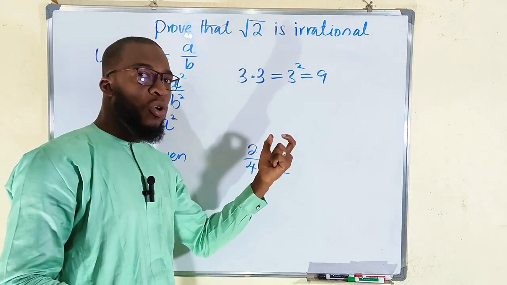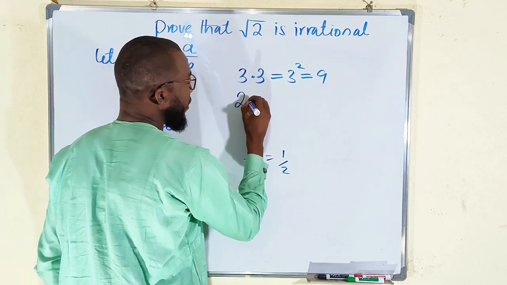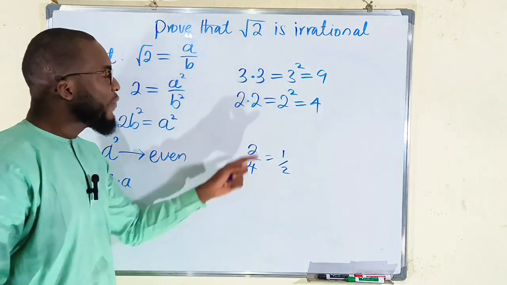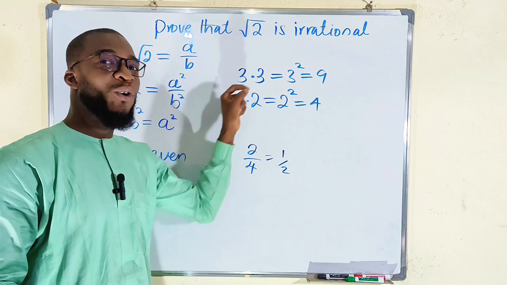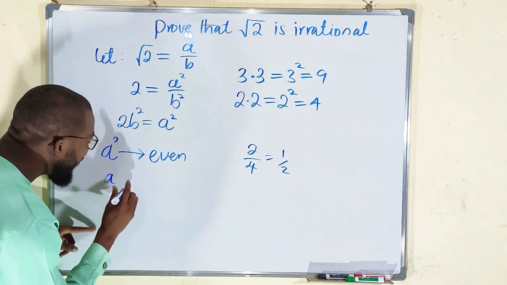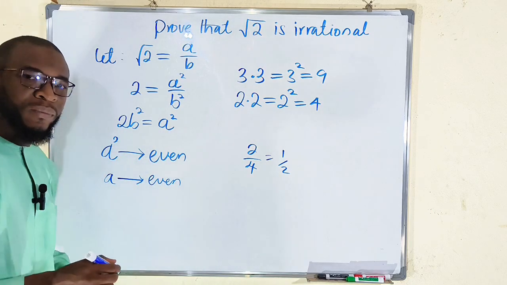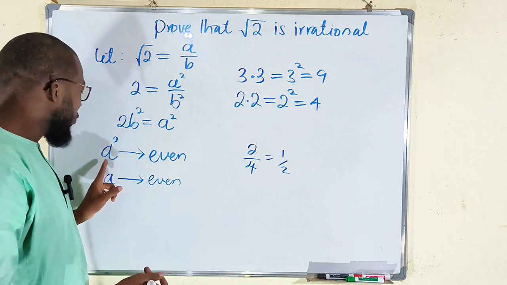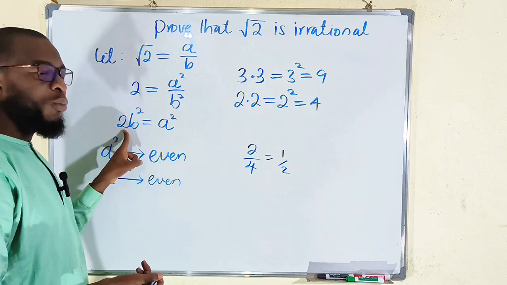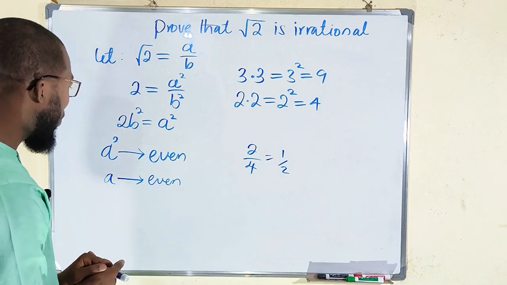So the square of an odd number results in an odd number, and if it is even, for example 2, squaring gives 4. If you square an even number, you still get an even number, which implies that a is also an even number. It cannot be odd, because an odd square will not give us an even number. We got this even number from 2 multiplied by an integer, which is an even number.